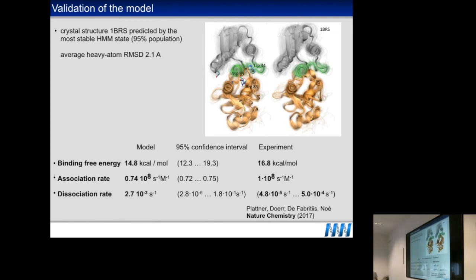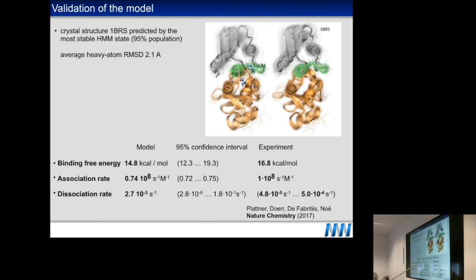But so here is what we find. First of all, we can compute certain quantities like the binding free energy, the association rate, and the dissociation rate. Now the association rate is in the right regime. It's very close to the experimental quantity, so that's as good as we can hope it to be, and the uncertainties are small.